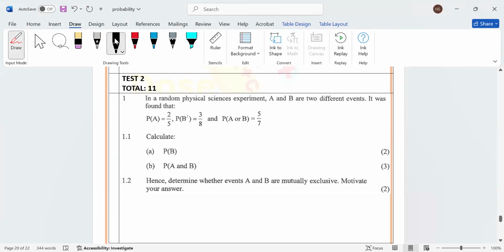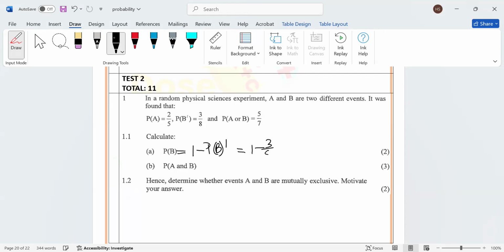They say number 1, calculate the probability of B. How would you get the probability of B? What's your name? Anton. Anton, how would you get the probability of B? It is 1 minus the probability of not B. So Anton is saying this is going to be given as 1 minus the probability of not B. Which one should I take here, Anton, 2 over 5 or 3 over 8?